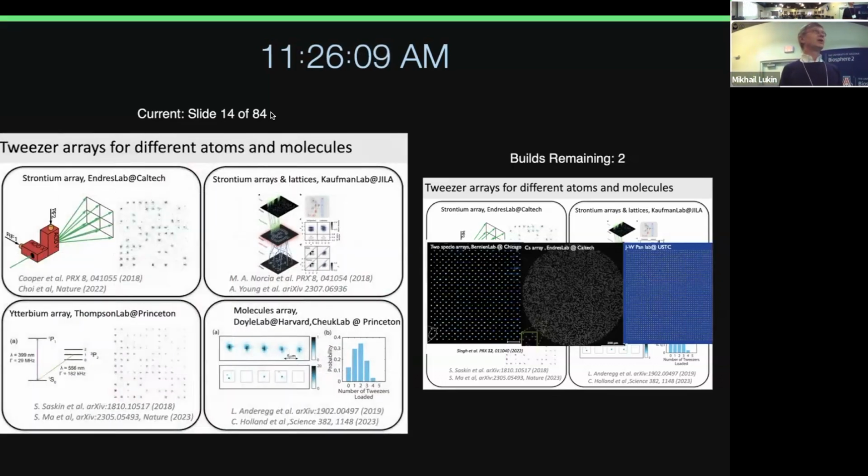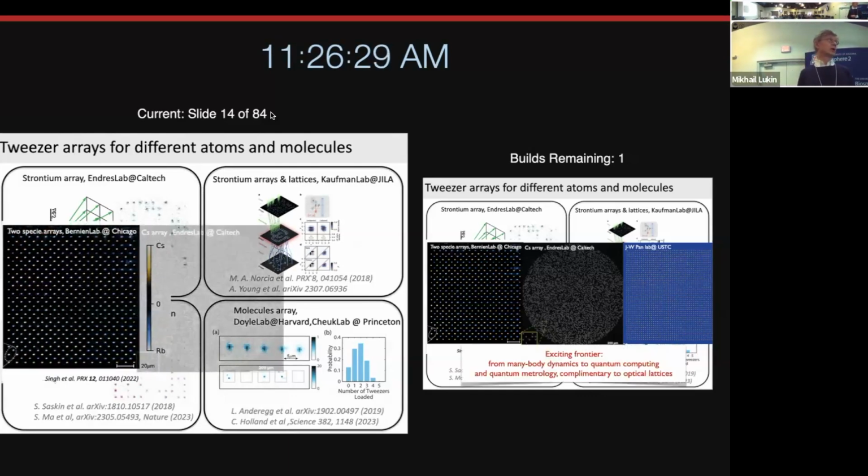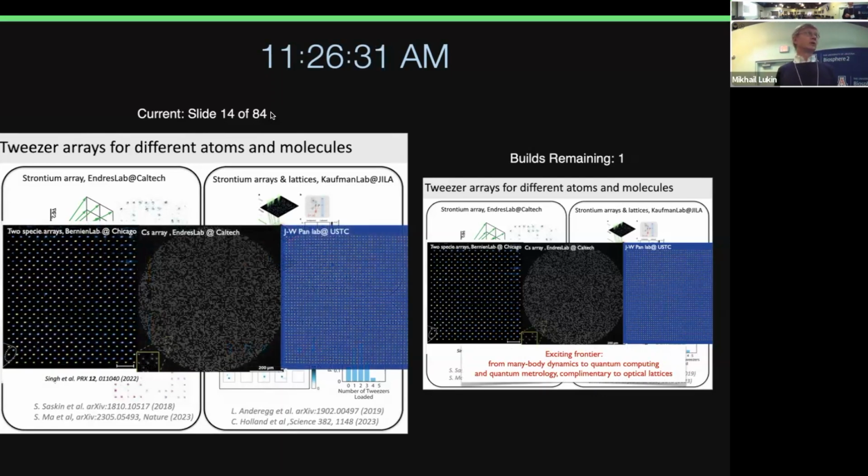And the real opportunity here is that with these basic ingredients, you can really innovate. You can use different types of atoms. You can combine, for example, tweezers with optical lattices. You can also apply these techniques to a molecular array. So these are some pictures of some exotic atoms. These are two-species arrays from Hannes Bernien's lab in Chicago.